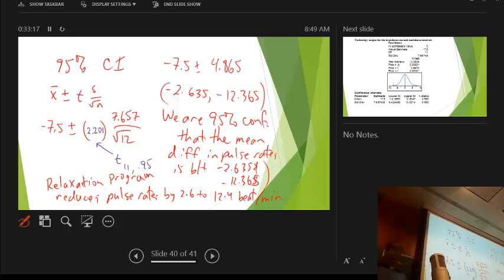That's what that negative is. It's reducing it. And then, of course, that's the amount that's being reduced.